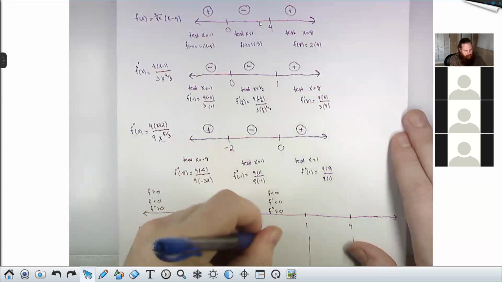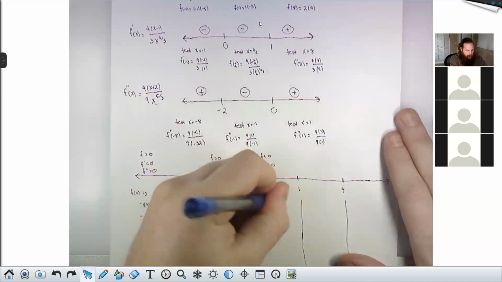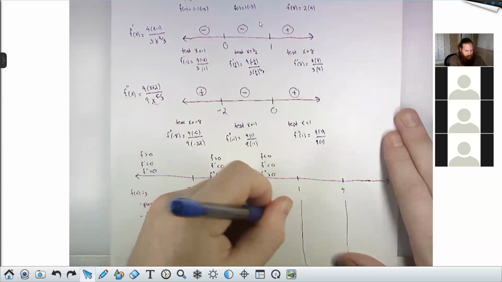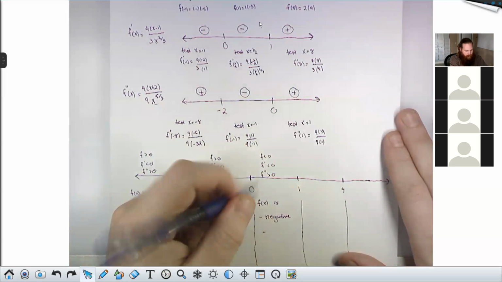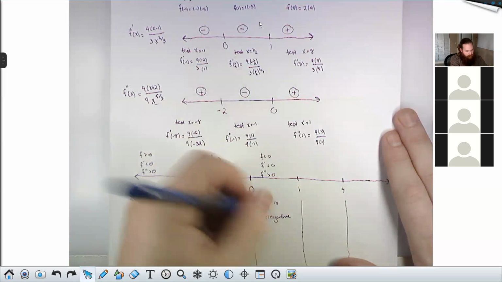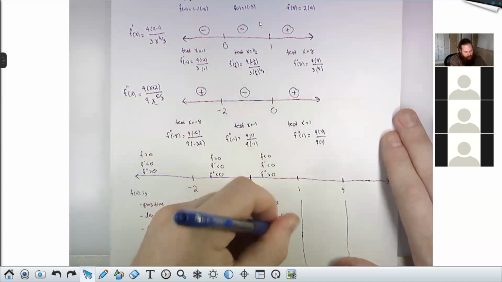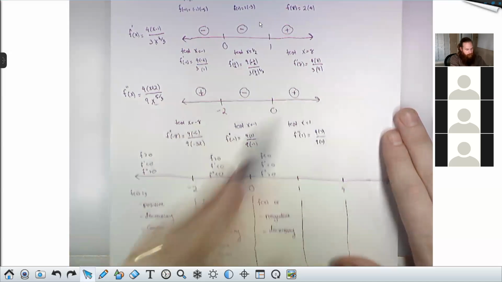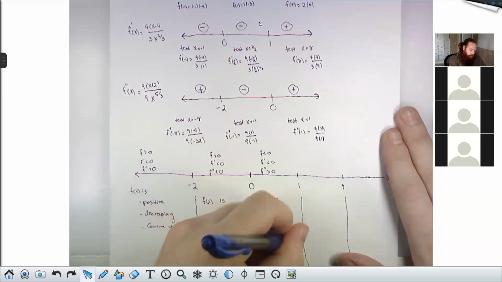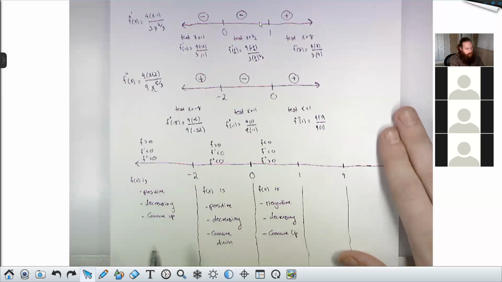So f of x is negative. F prime is negative, so f is decreasing. And f double prime is positive, so f is concave up. So I've got an inflection point here where I go from concave up to concave down, and I've got another inflection point here where I go from concave down back to concave up.